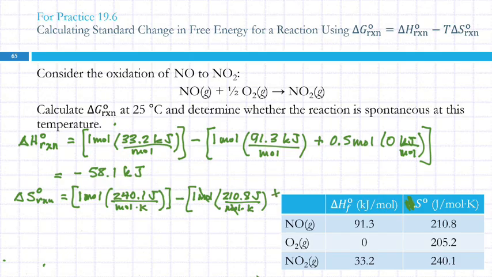Plus half a mole of oxygen. The entropy of oxygen here is not 0. We're never going to have 0 entropies. So this is times 205.2 joules per mole Kelvin.